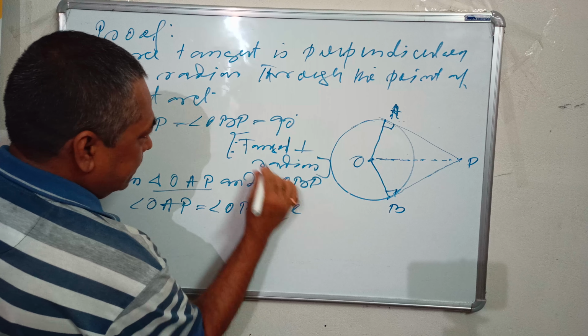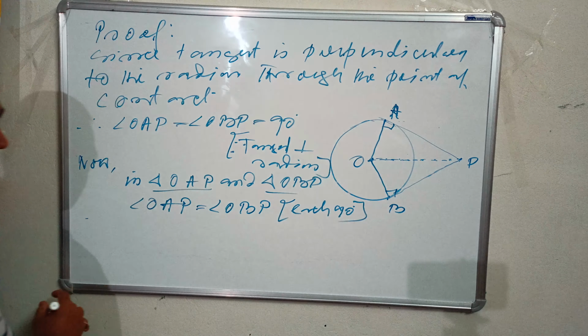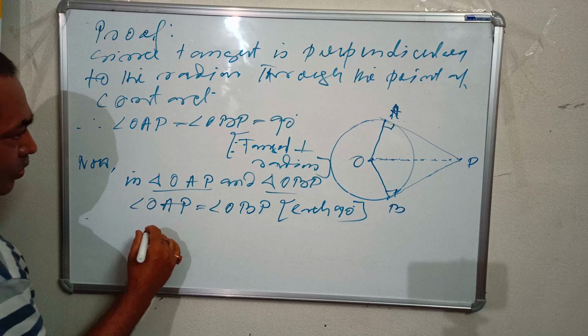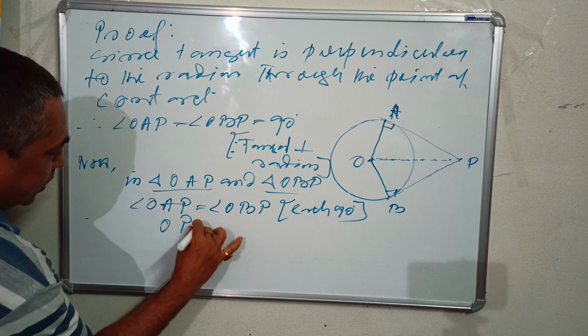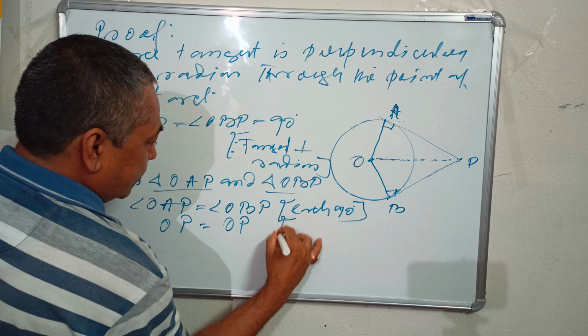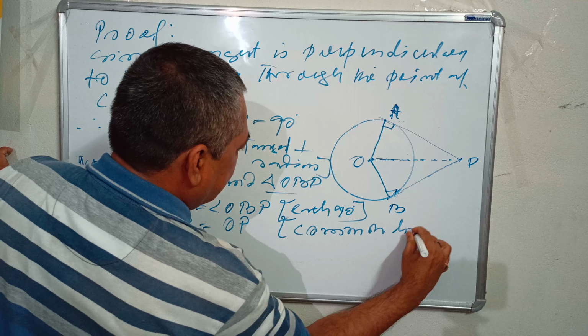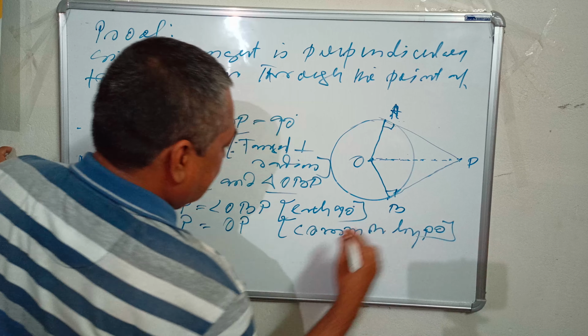Why? Each 90 degrees. Second point, OP equal to OP. OP is the common hypotenuse, or you can write only common side.